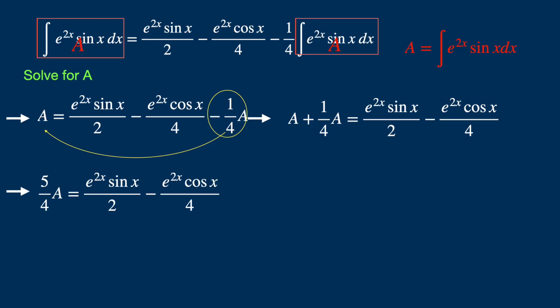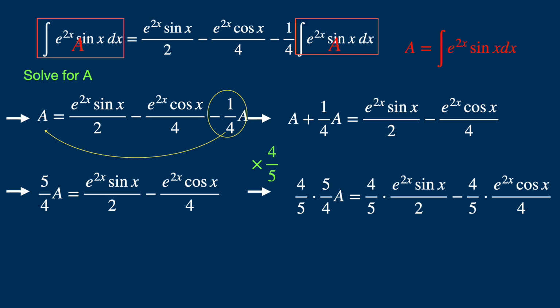So A plus 1 over 4 A is going to be 5 over 4 A. Then you have the same thing on the right side, divide by 5 over 4, meaning times 4 over 5. You times 4 over 5 each term, then simplify.